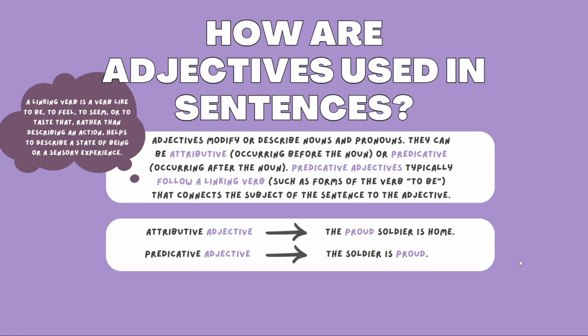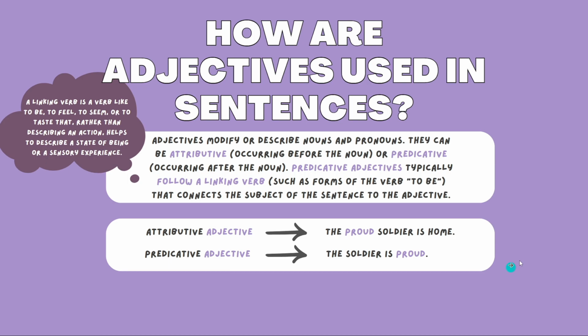Okay, so how are adjectives used in a sentence? Adjectives modify or describe nouns or pronouns. They can be attributive, occurring before the noun, or predicative, occurring after the noun. Predicative adjectives typically follow a linking verb. But what is a linking verb?